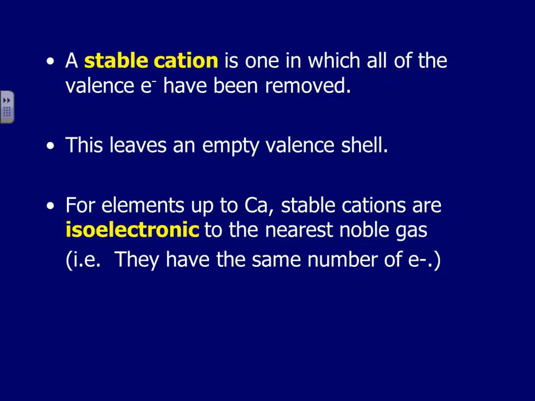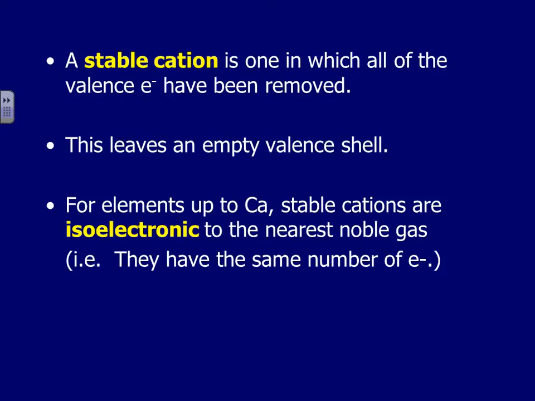A stable cation is one in which all of the valence electrons have been removed. So for sodium, that would be 1. It's got 1 outer electron, if we recall our Bohr and Lewis diagrams from way back last week. Magnesium has 2. It will lose 2 to become stable. Aluminum has 3. It will lose 3 to become stable.